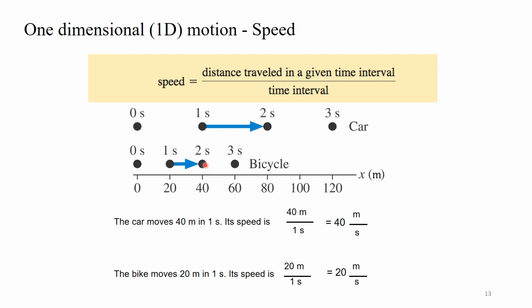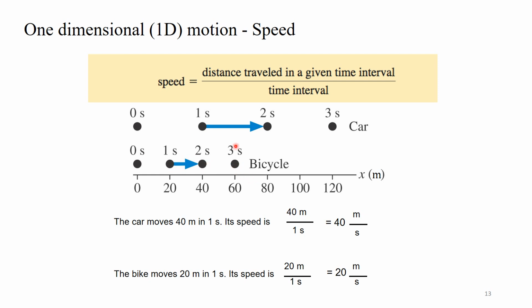So we can see the car is traveling from 0 to 40 meters in 1 second, and then from 40 to 80 meters in 2 seconds, and so on. And the bicycle travels a smaller distance. In the first second it goes from 0 to 20 meters. Then in the next interval it goes from 20 to 40, like this.